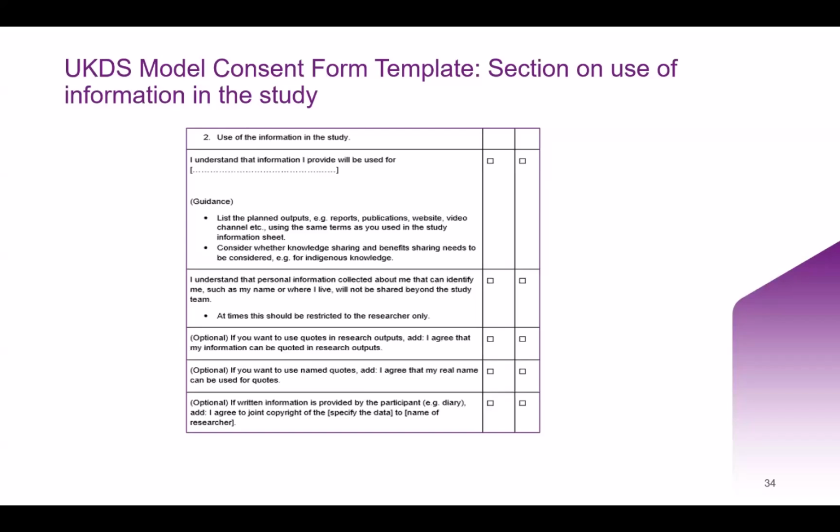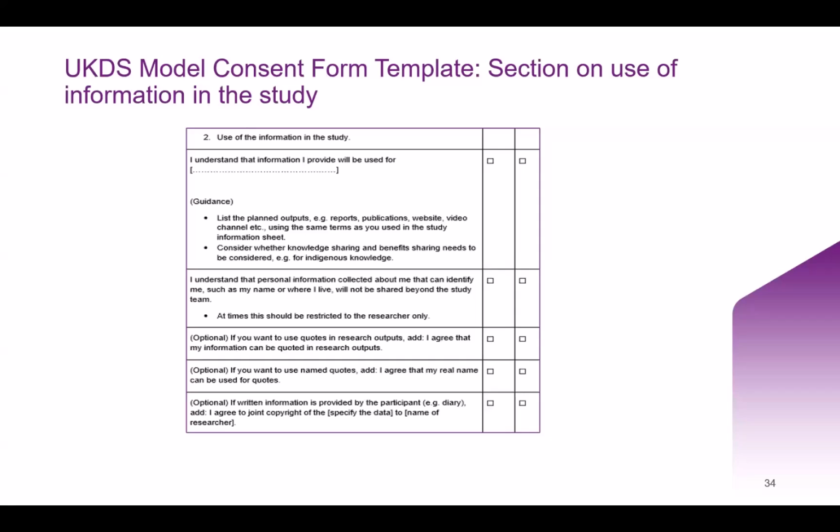Here you can see that it is all about use of information in the study. Researchers are being asked if they can list any planned outputs, reports, publications, or anything about knowledge sharing.